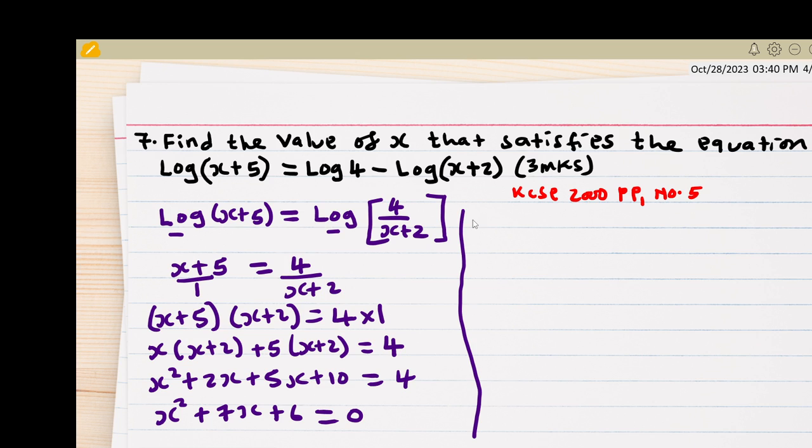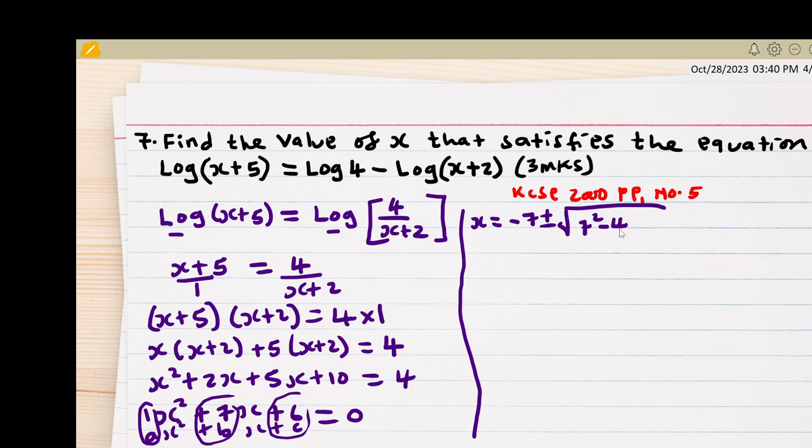If I use the quadratic formula, the value of x will be negative b. You simply compare with ax squared plus bx plus c, so that the value of a will be 1, the value of b is positive 7, and the value of c will be positive 6. So x will be negative b, which is negative 7, plus or minus the square root of b squared, which is 7 squared, minus 4 times a which is 1, times c which is 6, the whole thing divided by 2 times a.